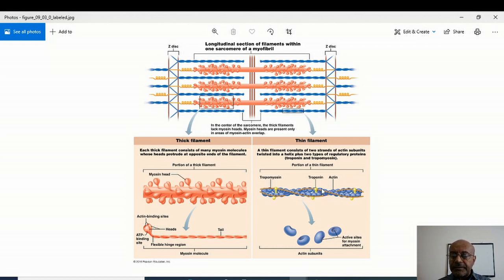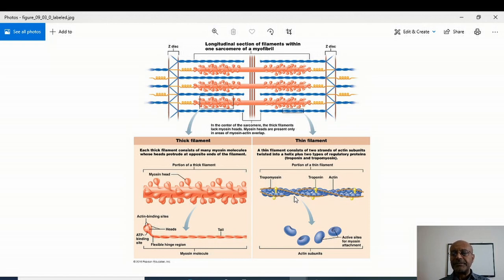Look, this yellow line going over those dimples is covering them when a muscle is relaxed. When a muscle contracts, this cover moves itself and exposes the active site for the myosin head to be attached to it. We will see how contraction happens.